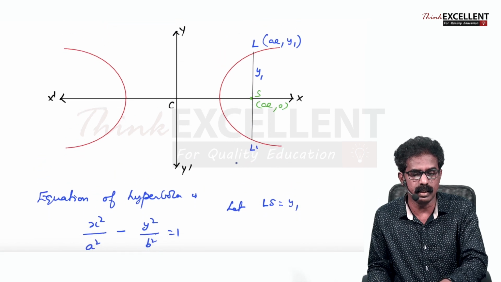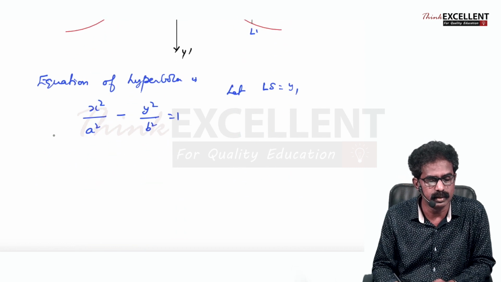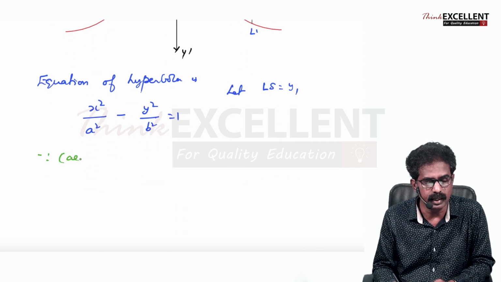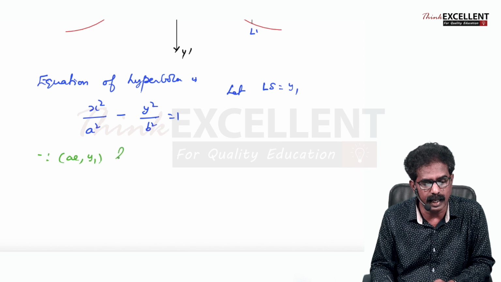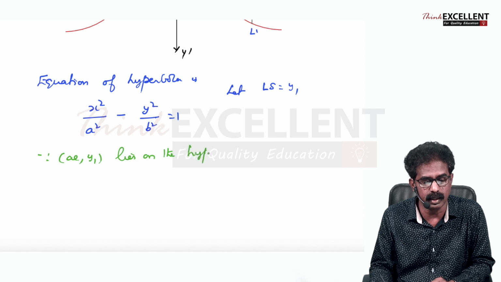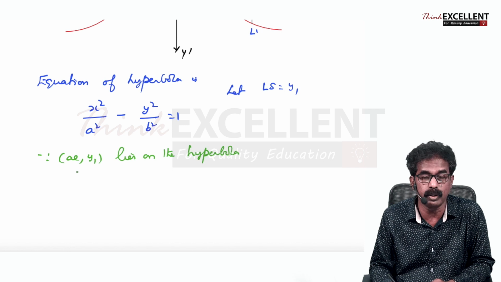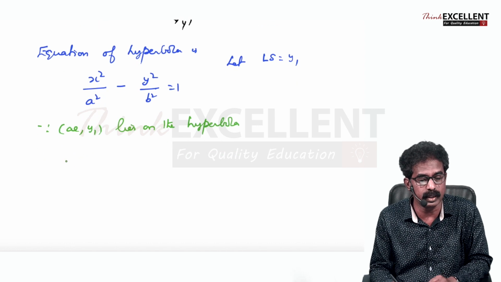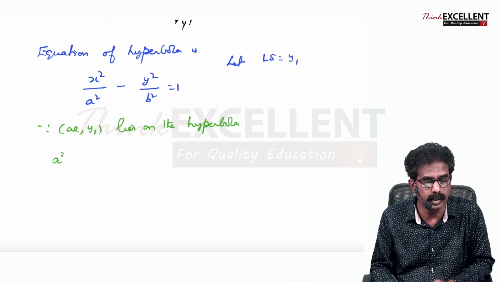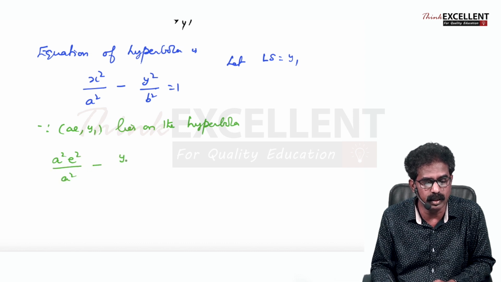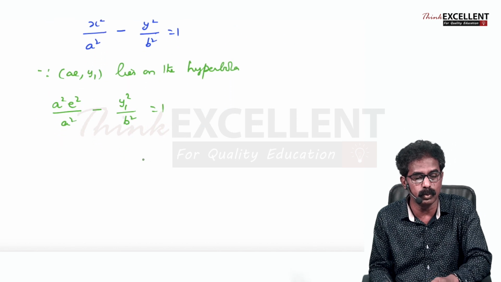So since AE, y1 lies on the hyperbola, that is actually one end of the latus rectum, right? On the hyperbola, so the point must satisfy the equation. So for x you put AE and y you put y1. So x square, that is a square e square by a square, minus for y, y1 square by b square is equal to 1. So we want to find y1 from here.